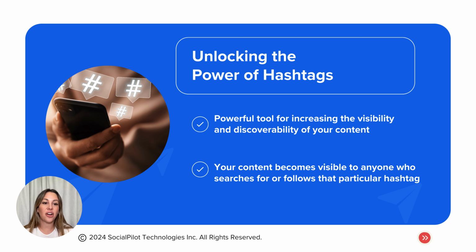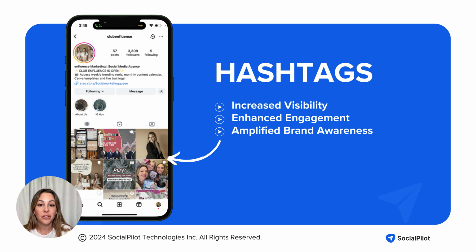Now, hashtags also play a role in how your content is going to perform. A powerful tool for increasing the visibility and discoverability of your content on social media is using hashtags. From trending hashtags to niche specific tags, I'm going to show you guys how to harness the power of hashtags so that you can understand them and use them correctly.